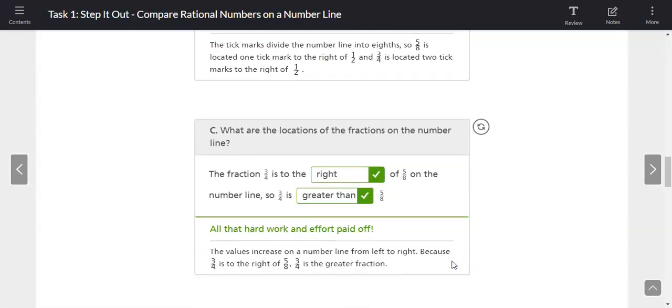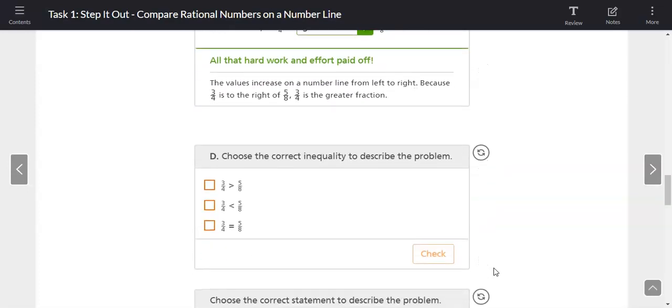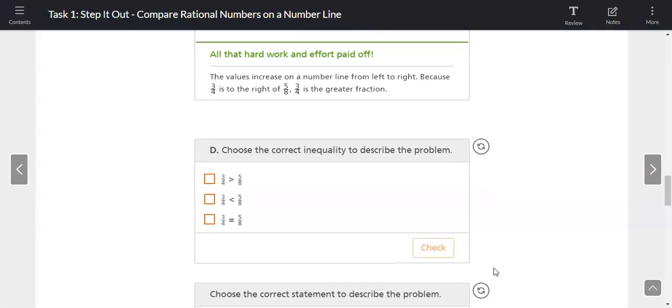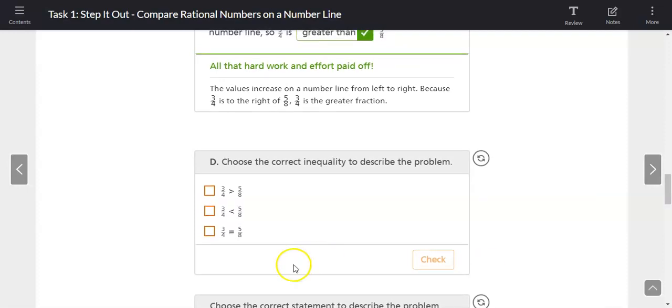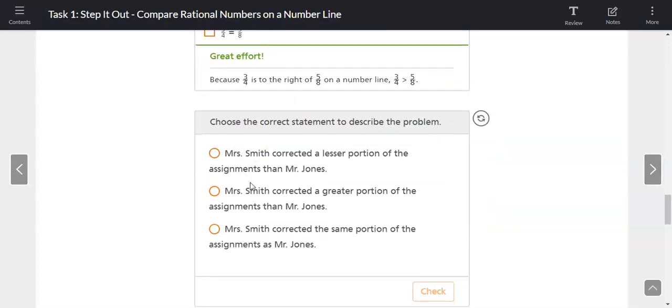Let's check it out. The values increase on the number line from left to right because 3/4 is to the right of 5/8. 3/4 is the greater fraction. And now we're going to choose the correct inequality to describe the problem. So we said 3/4 is greater than 5/8. So we have that right there because this sign is greater than. Choose the correct statement to describe the problem.